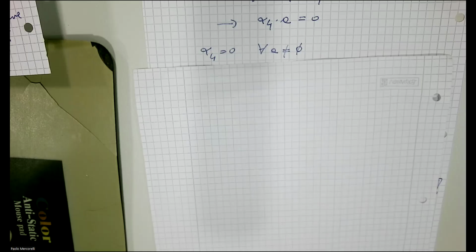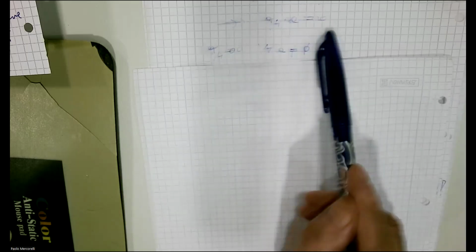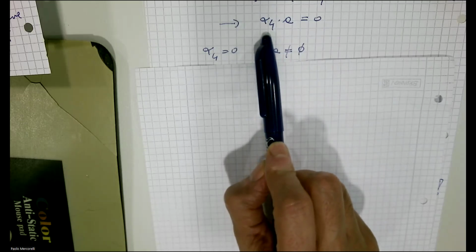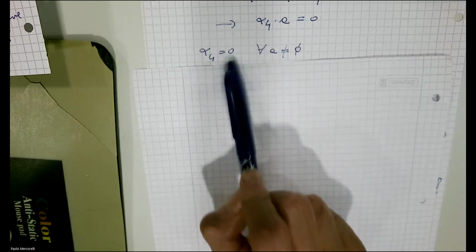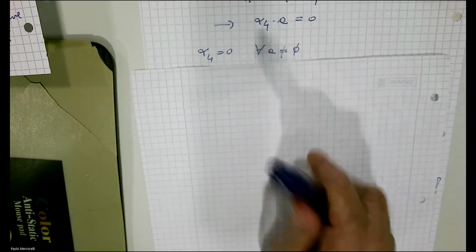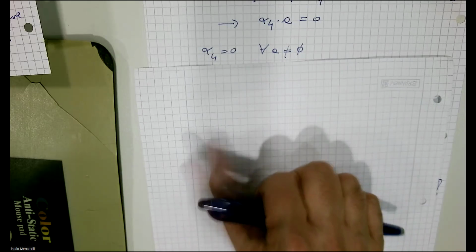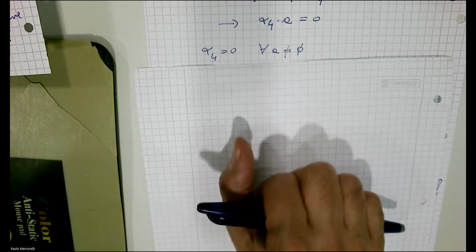Easy, because this expression here is satisfied for each alpha 4. We don't need to say alpha 4 equals 0. In this specific case, it does not change the solution.